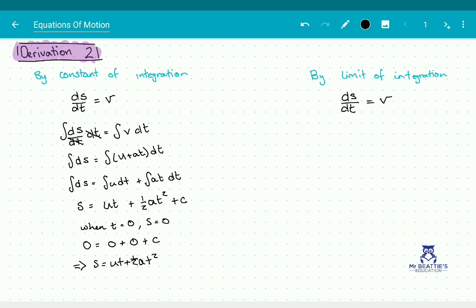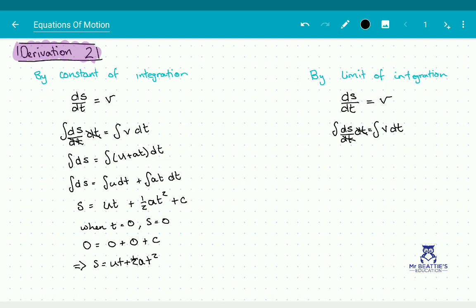Okay, it's really important. And if we were going to use our limits for this one, we would start with the same process. We would have the integral of ds by dt with respect to t, and the integral of v with respect to t. We would cancel off those two dt's.